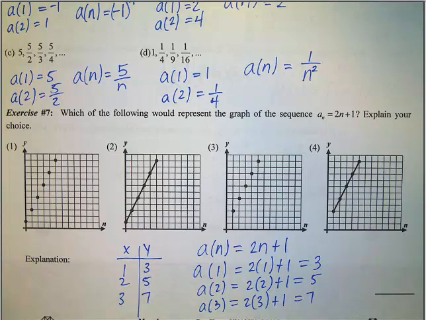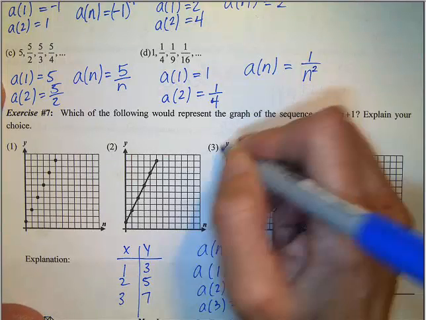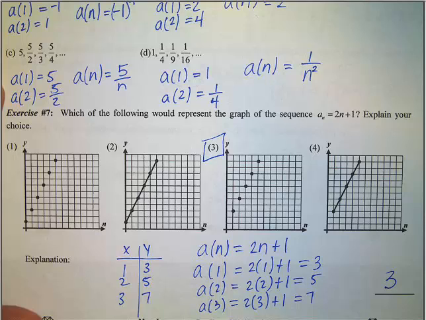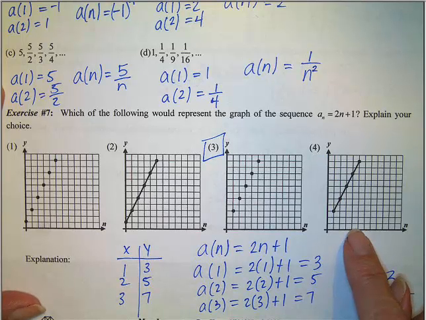All right, so I found the first three terms, 3, 5, and 7. I made an XY table, and I know the answer is choice 3. Why is it choice 3 and not choice 4? Well, again, your n values, if you go back to the beginning of this whole lesson, is from the set of positive integers.